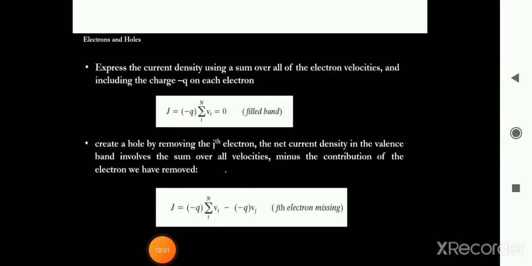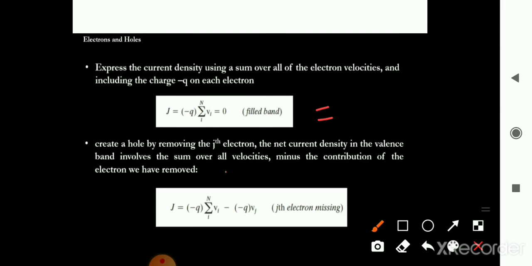Similarly, what we can say is the current density in a filled valence band will be 0. Here we explained this by considering a jth electron as well as a j dash electron.